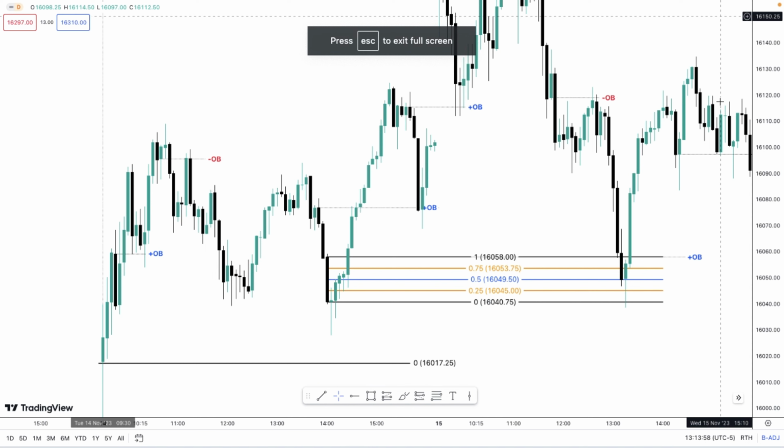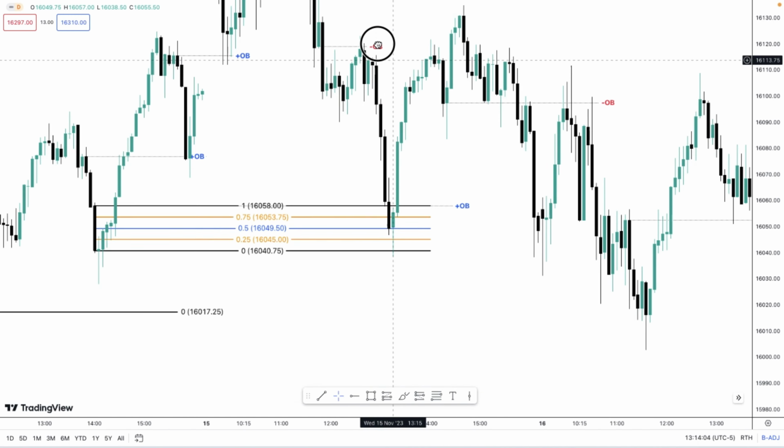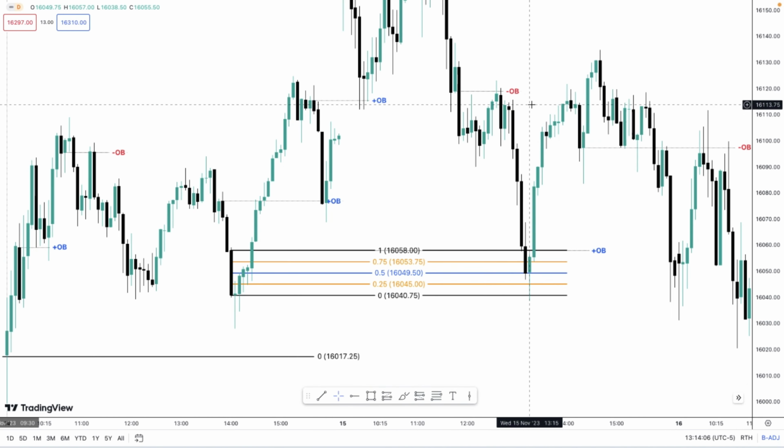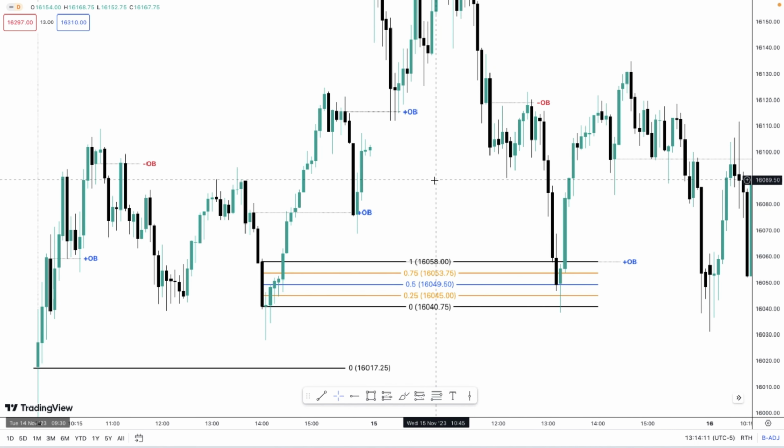So we don't have a lot of details, though we do have lots of order blocks marked on the chart, right? Apart from order blocks, there is nothing else on this chart. Apart from this, obviously, this is just Fibonacci. I can use Fibonacci on order blocks to find the mean threshold, which is the midpoint of an order block.